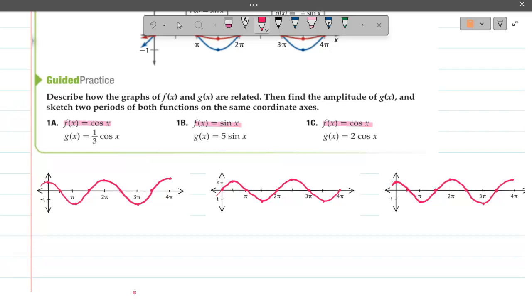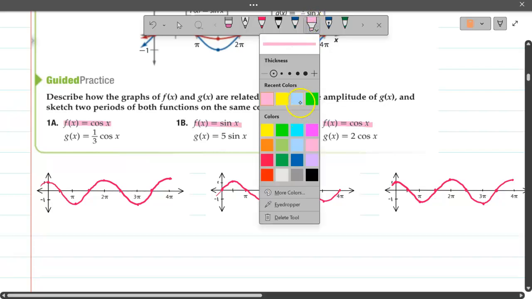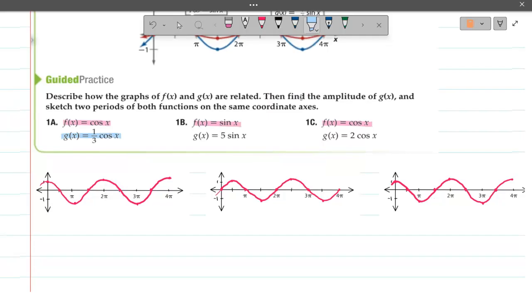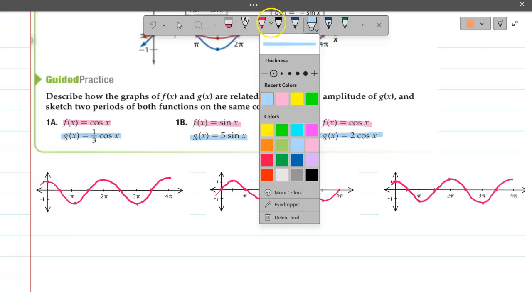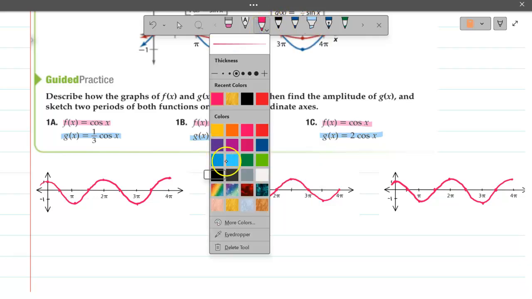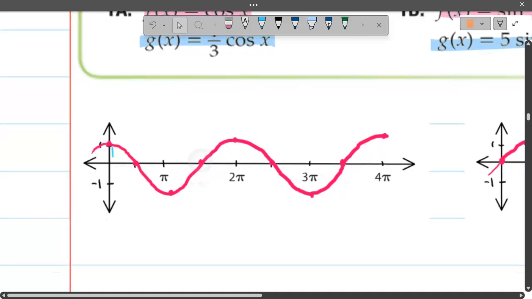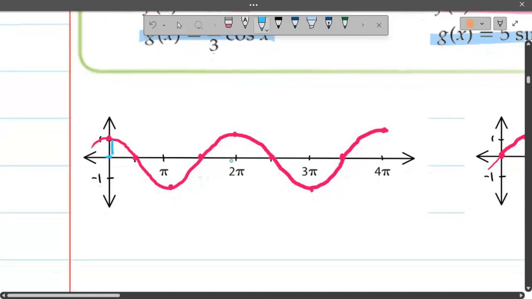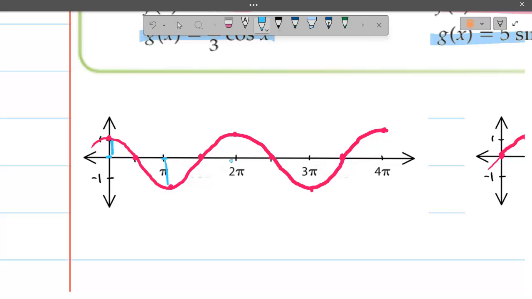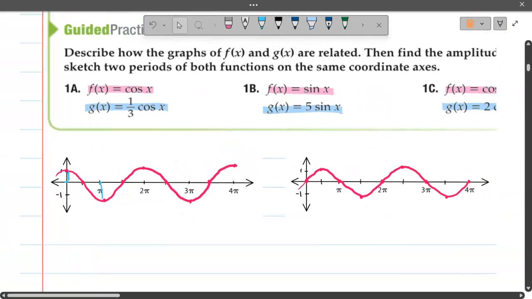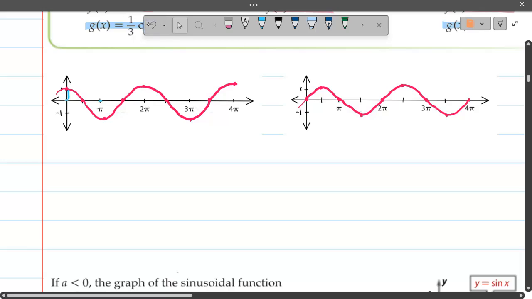All right, so to graph the next piece, I'm going to do this part in blue. Here's what we want to do. 1/3 cosine x means instead of it being 1 unit tall like it is right now, from here all the way to the top of the wave, or from here to the bottom of the wave, instead of being 1 unit, we want it to actually be a 1/3 unit.